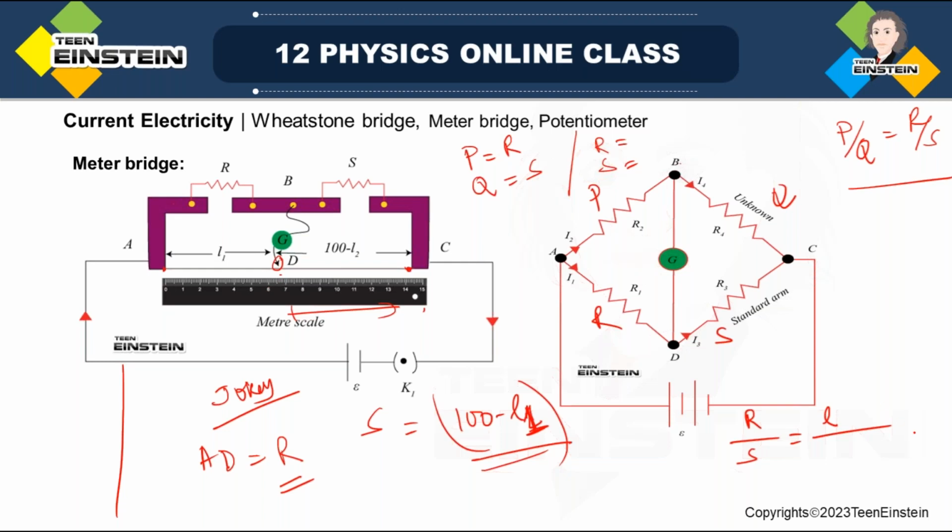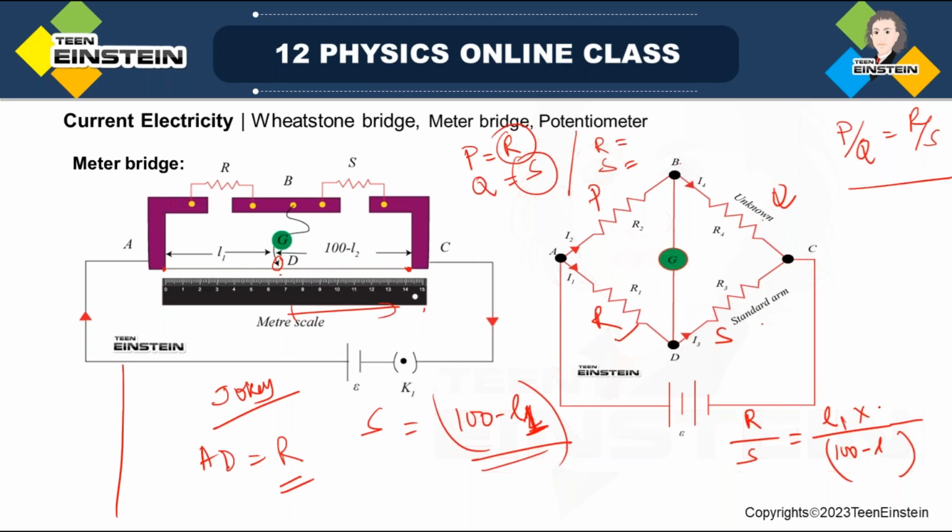Between D and C, it is 100 minus L. So P by Q is equal to R by S in this circuit. R means this between AD, whatever it is, so that is L1.